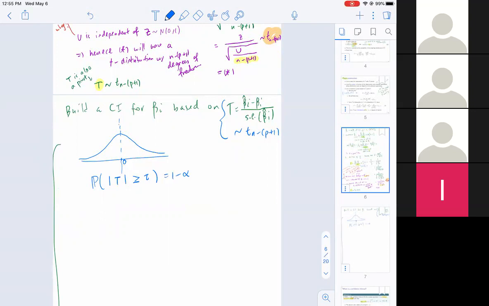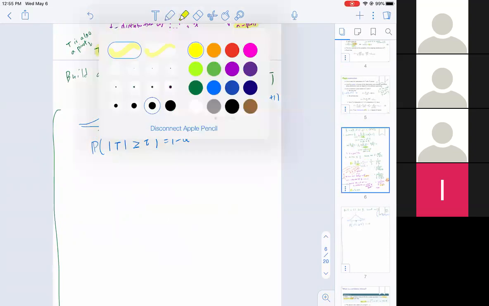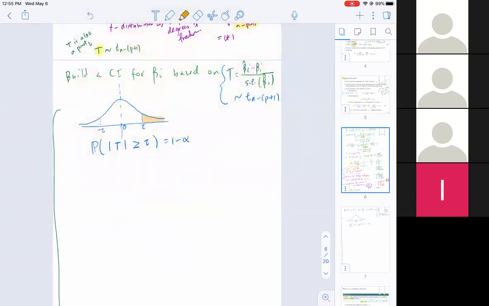And you'll see why this is interesting. Because this is symmetric, this interval translates to this part. Professor? Yes. So should the right side be alpha instead of 1 minus alpha?